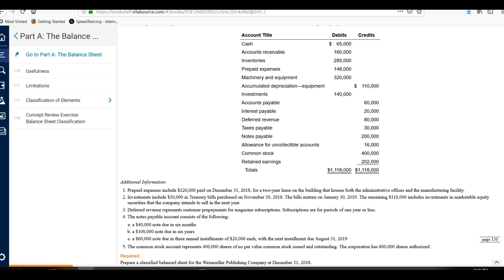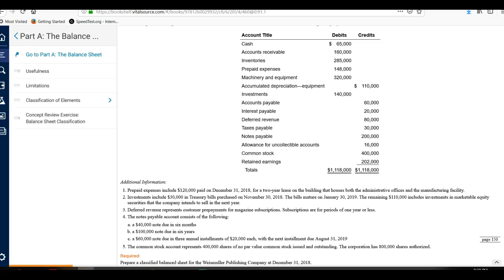And then number 5, the common stock account represents 400,000 shares of no par value common stock issued and outstanding. The corporation has 800,000 shares authorized.